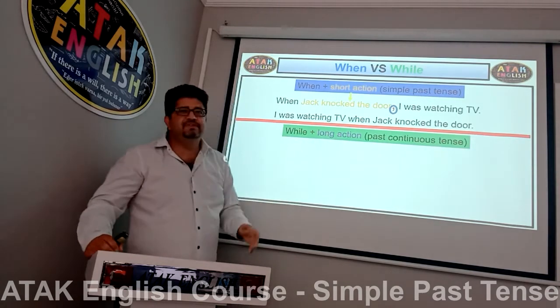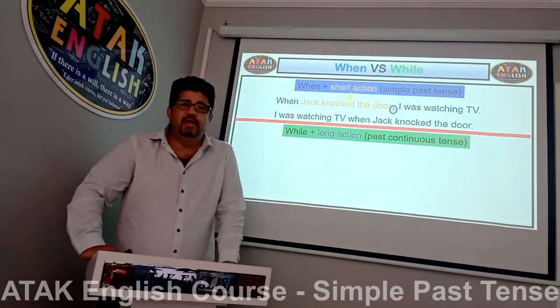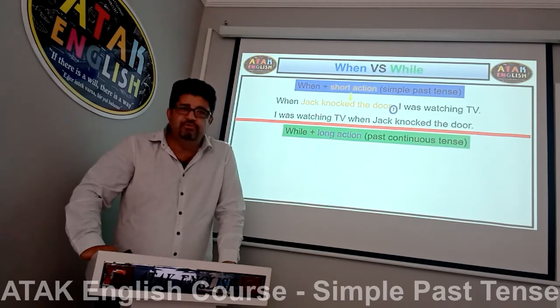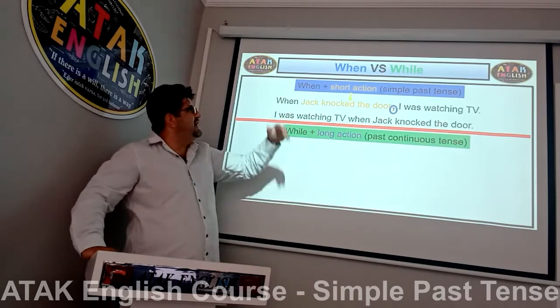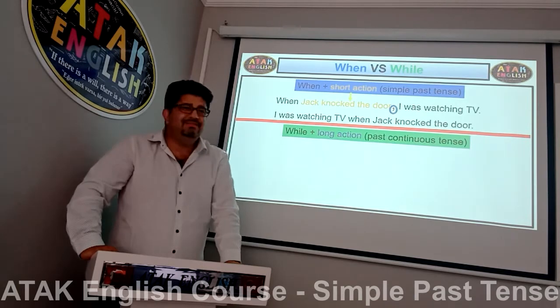Okay, what is the difference then between these two? The when clause is at the beginning or in the middle of the sentence. From the perspective of meaning, there is no difference. When Jack knocked the door, I was watching TV. I was watching TV when Jack knocked the door.